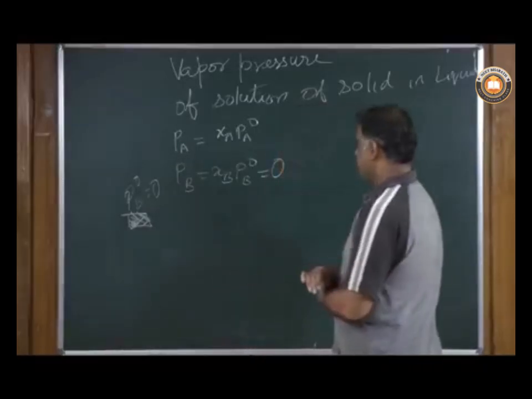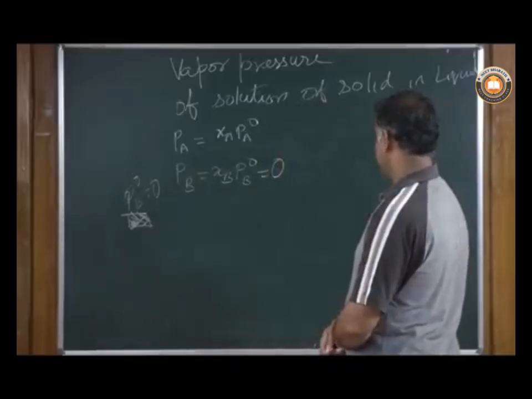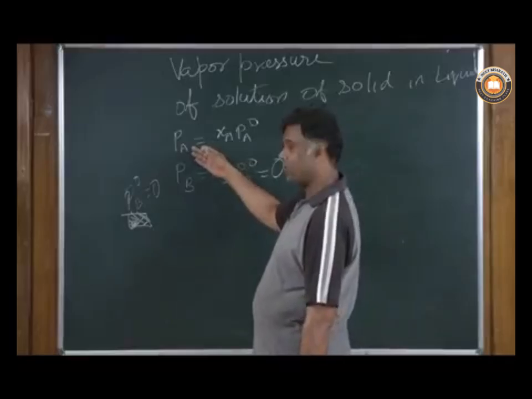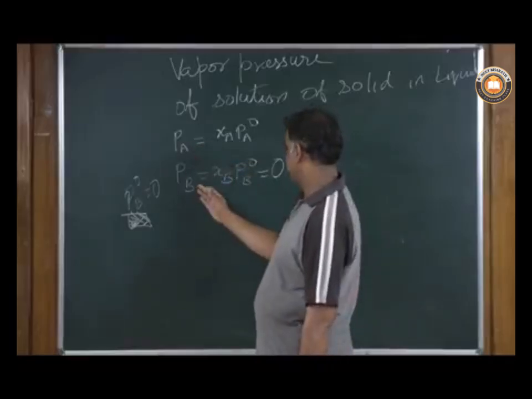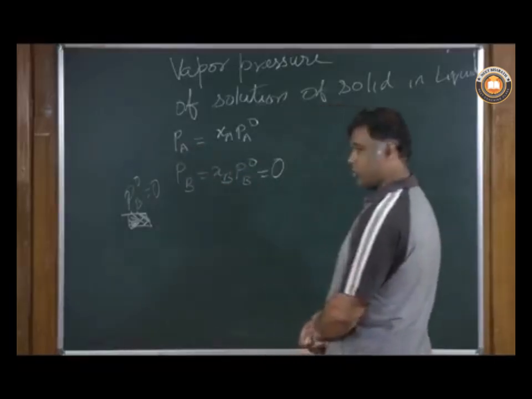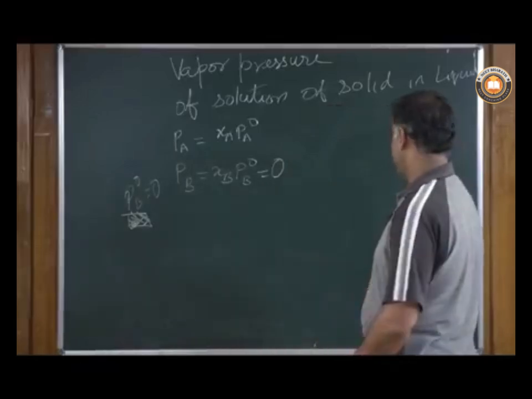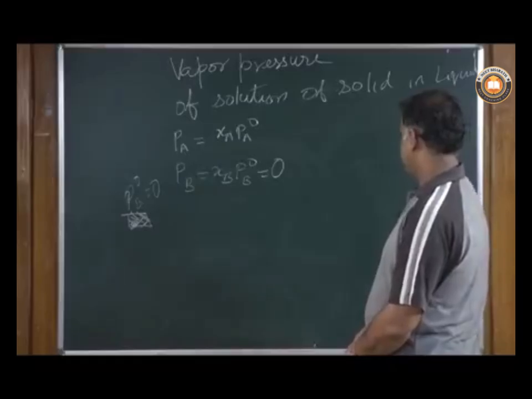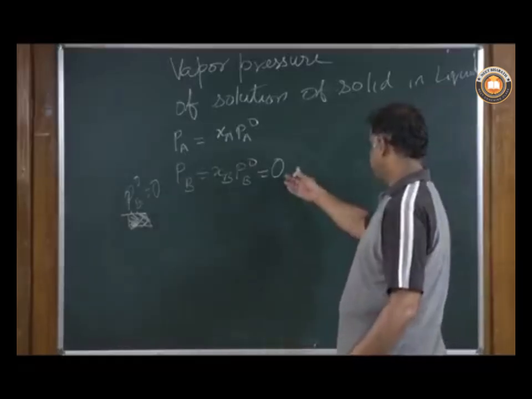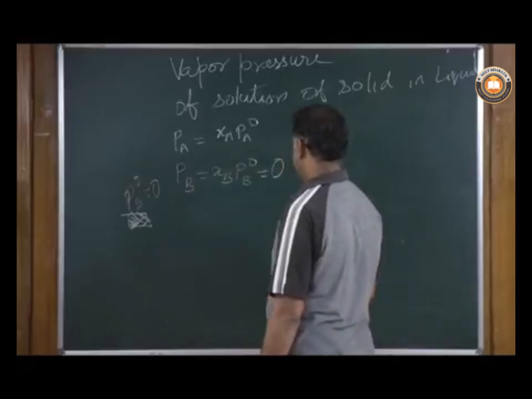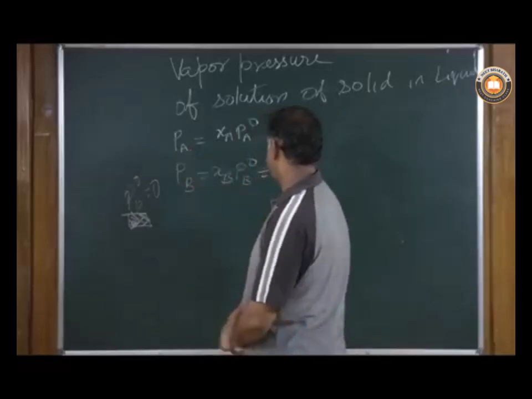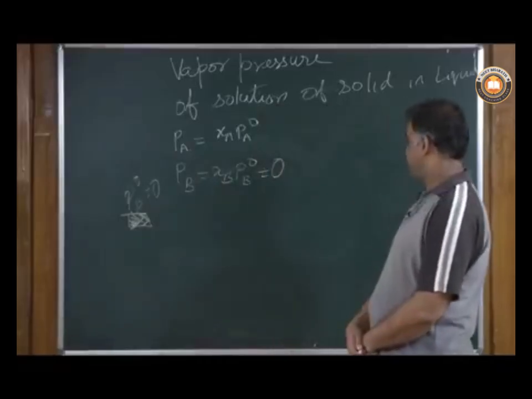In this case, the vapor pressure is going to be due to only the solvent A, because it is going to evaporate in time, but B, the solute, is not going to give any component, the pressure is going to be 0. So, all the pressure is going to come from the partial pressure of A.